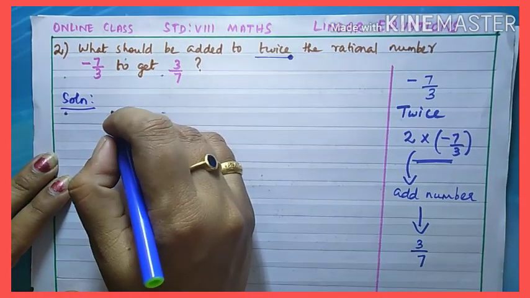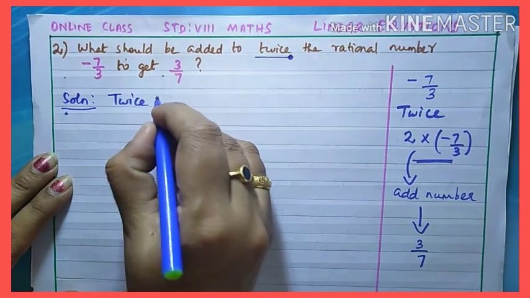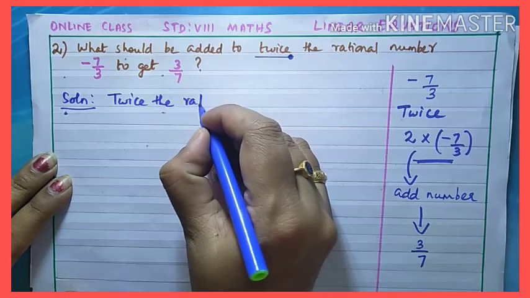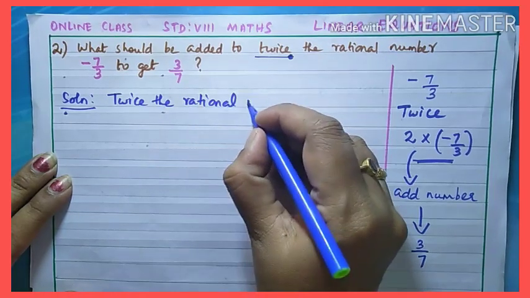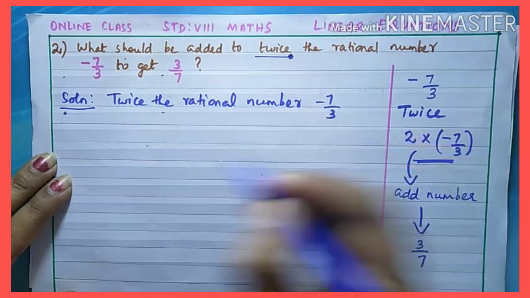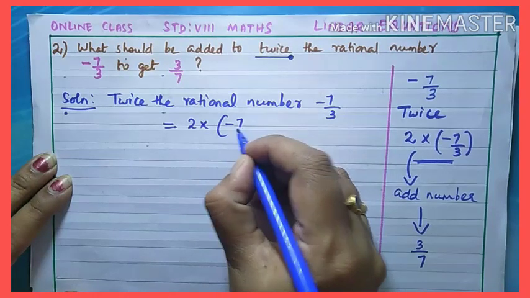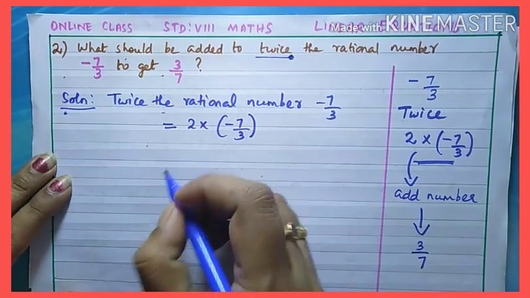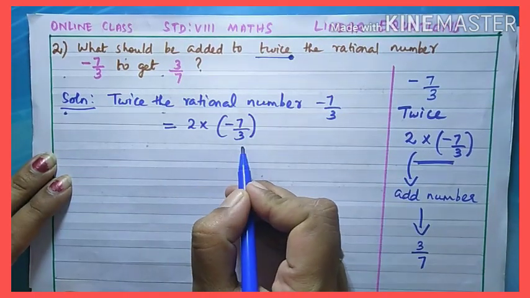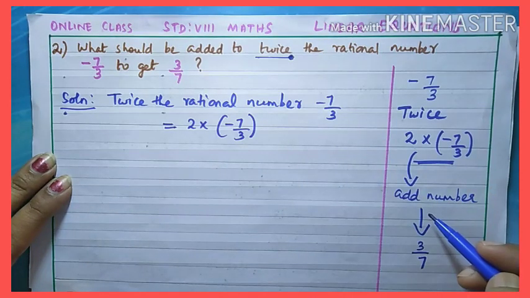Yes, so what I am writing first, twice the rational number minus 7 by 3, that is the rational number, equal to 2 into, because there is negative sign I am using the bracket, 2 into minus 7 by 3. Now we are adding a number, no, that we don't know.